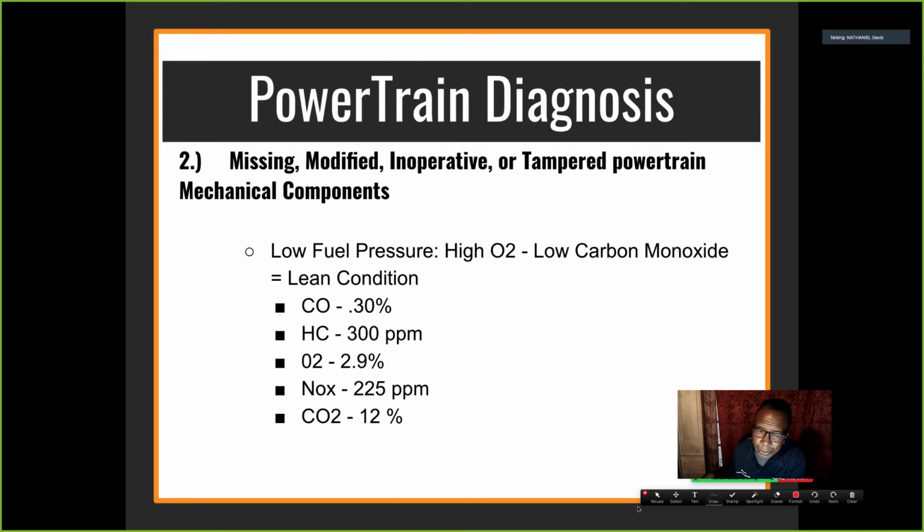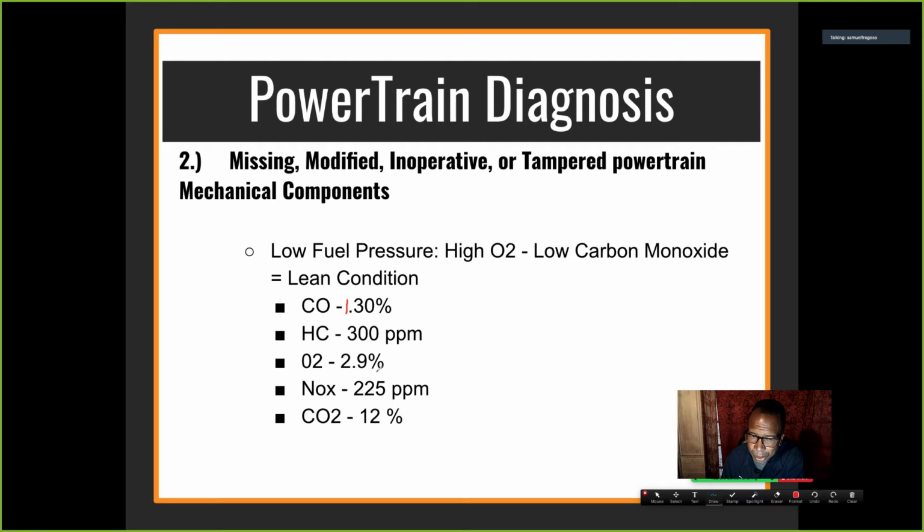Then you have a situation where you have high CO, high ACs, and high O2. So something like this: your CO is high, your AC is high, and O2 is high. And that could be caused by a misfire, like an ignition misfire.